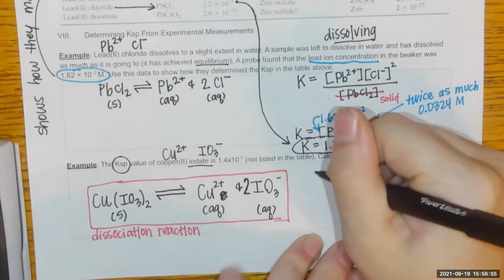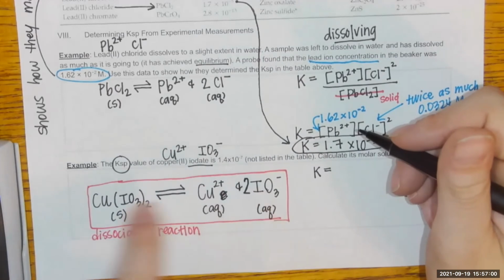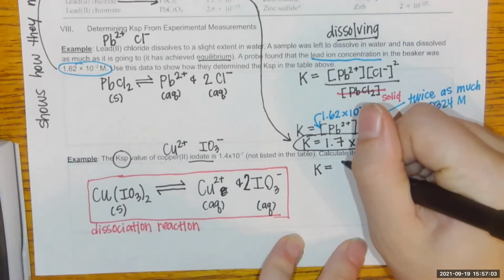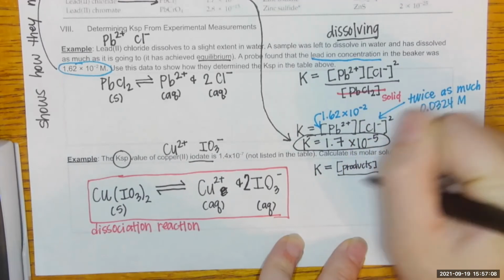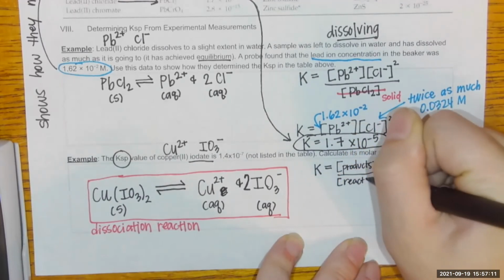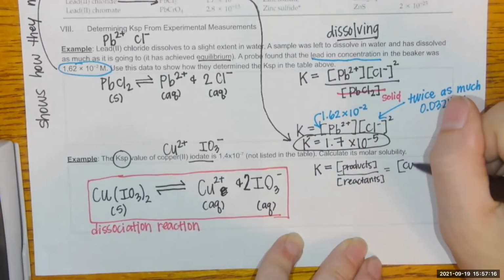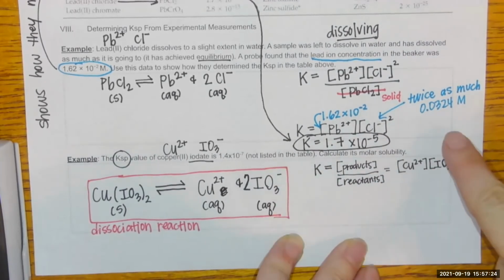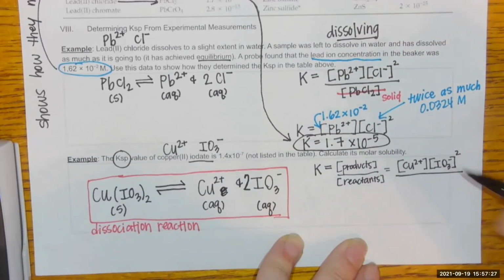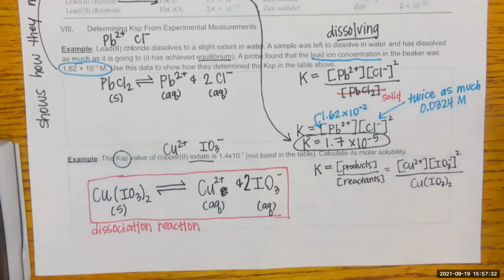Over here, I'm going to write my equilibrium expression. The expression would be K equals products over reactants. So in this case, I had the copper, the iodate squared, over this thing that I'll cross out because it's solid.